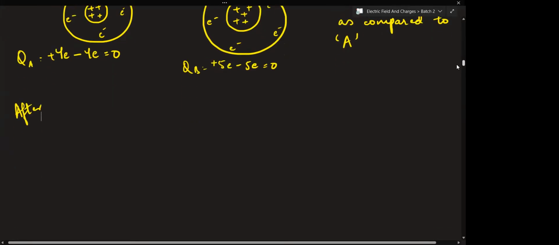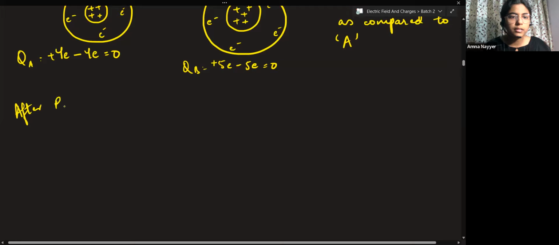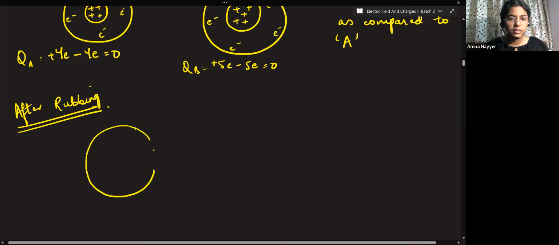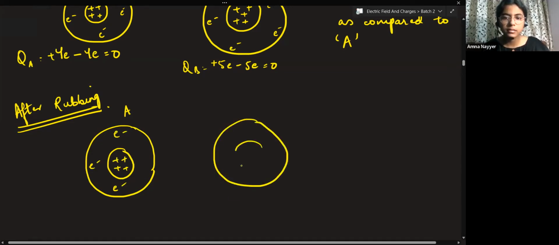So see, this was before rubbing. Now if I say after rubbing, what has happened? Usually, if this was body A and this is body B, both of these bodies were neutral.